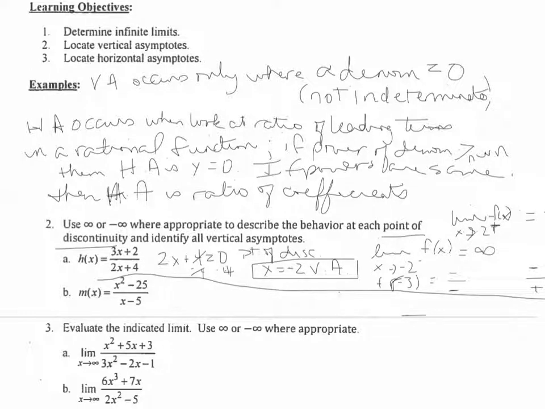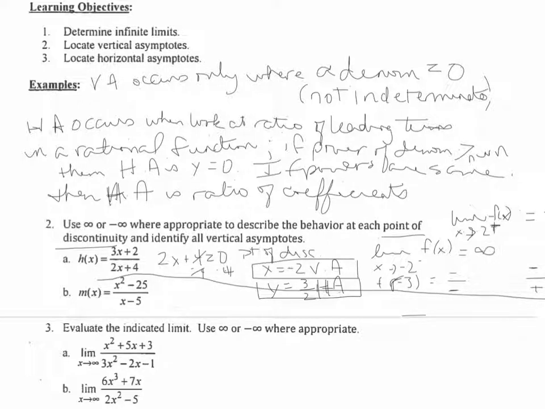What does that mean my horizontal asymptote is? You're exactly right. And my horizontal asymptote, which is always a y-equals line, would be y equals 3 over 2. So I had a vertical asymptote, a horizontal asymptote, and I recognized that at that value where we had discontinuity, those were going unbounded in opposite directions.